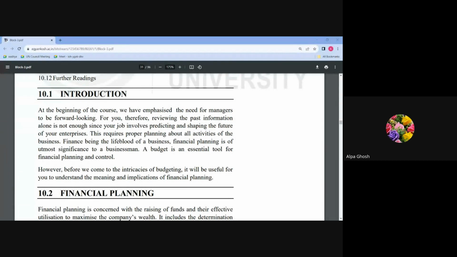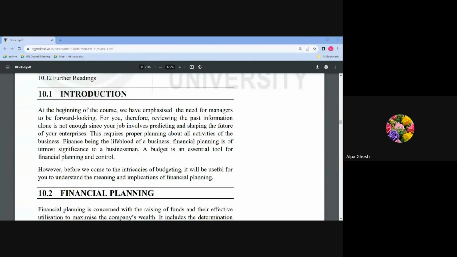In order to reach the destination, we should have a clear idea about which route we have to take, which path we have to follow. Same way it is with budgeting. So in financial terms, budgeting is financial planning. Financial planning of what? Of your income and expenditure.